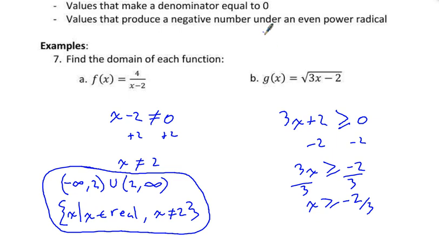In interval notation, and I'm going to put that up here so I have space, you would say from negative 2/3 to positive infinity, and that is inclusive of the negative 2/3.